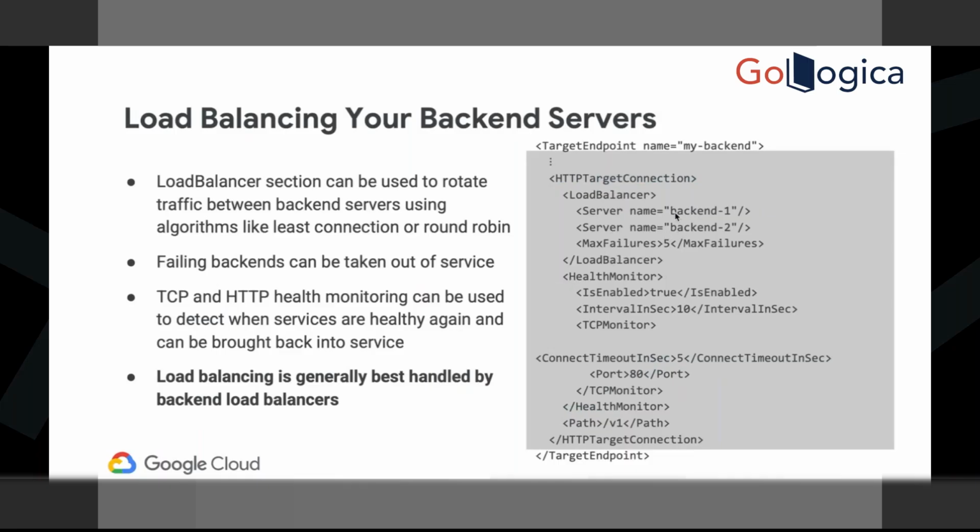On the same environment you can connect to multiple host names, and Apigee lets you define the algorithm. By default it is round robin, so one call goes to backend host one, another call goes to backend host two. That is the default algorithm, but if you want, you can change it.